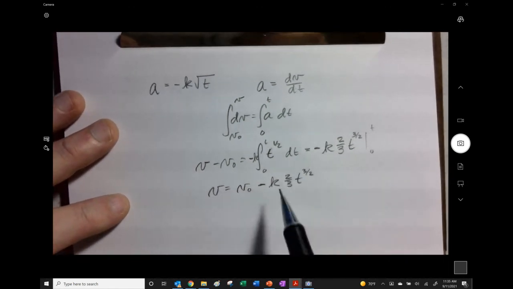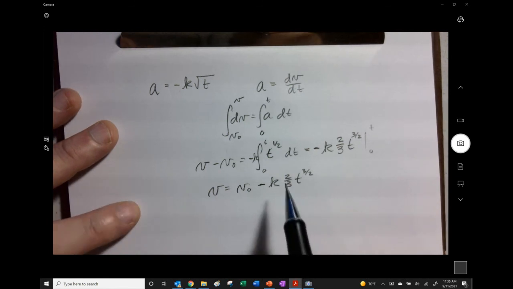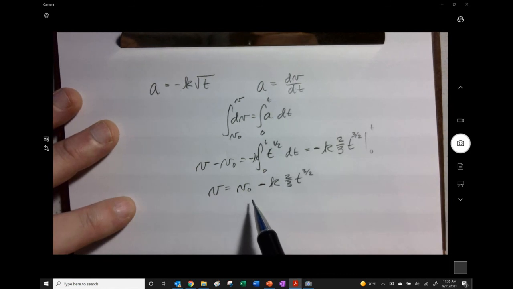Now they tell us some awesome information. They say it takes the prototype 4 seconds to stop if it's going 20 meters per second, right?